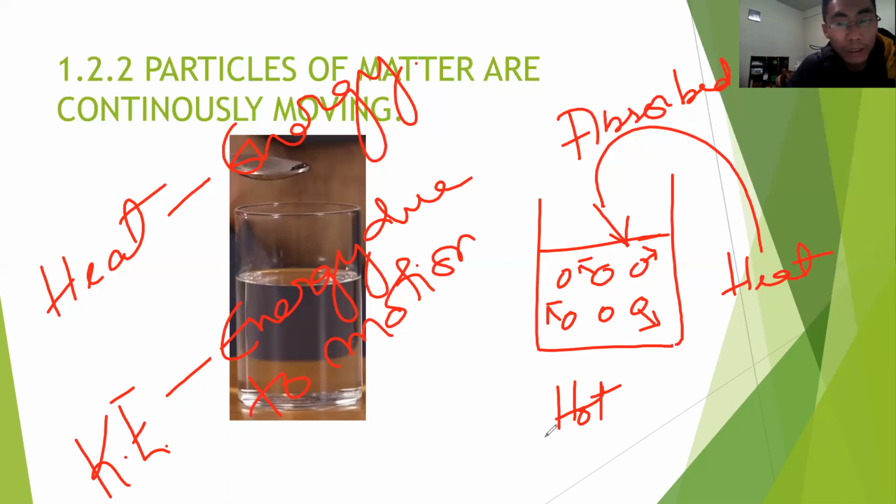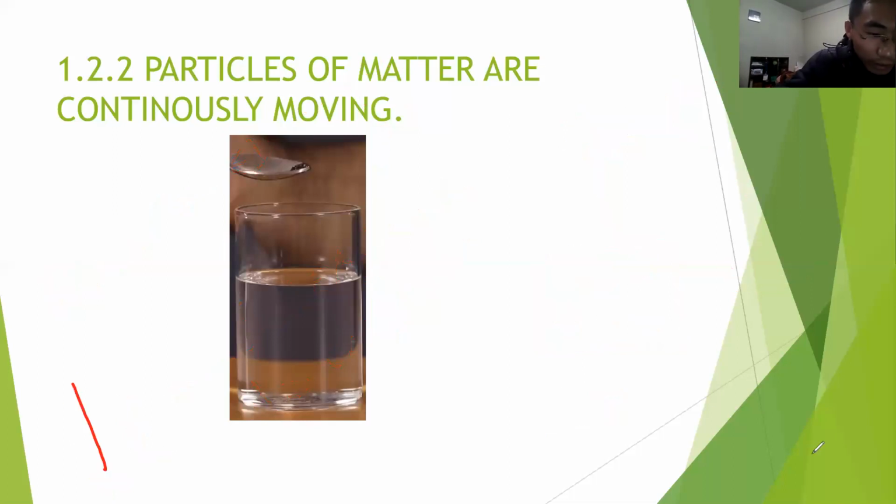Now here's the thing. Since particles of matter are continuously moving, they have kinetic energy. When heat is involved, that heat will be converted into kinetic energy, so the kinetic energy will increase. When the temperature increases, this will lead to an increase in kinetic energy.